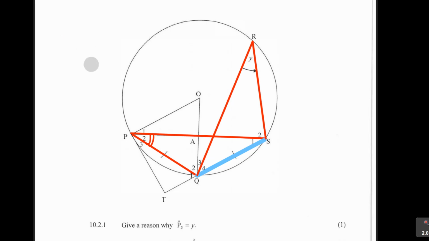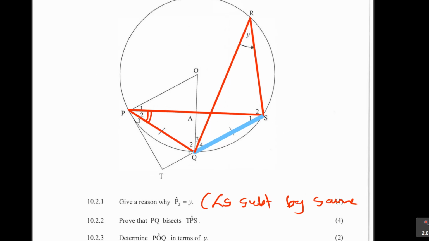So the question they are asking is give a reason why P2 is equal to Y. So here you are going to say angles subtended by the same chord. So that's the reason. It's the angles which are subtended by the same chord.